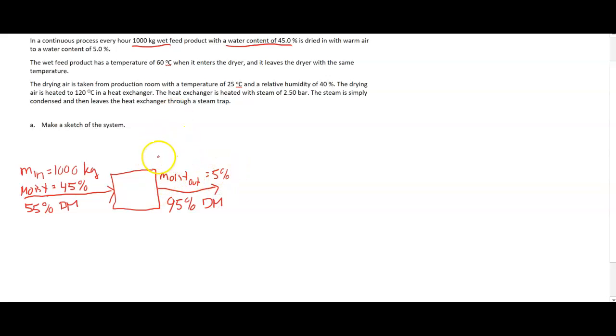M out is probably something that we are going to find, so we don't know that one yet. So that was the 5% here.